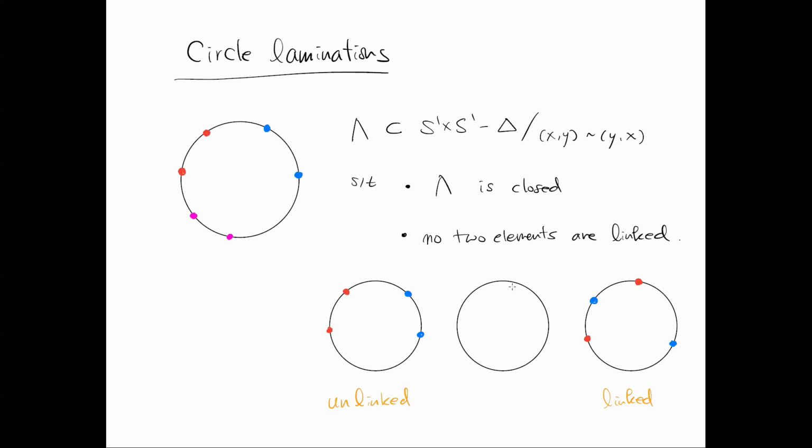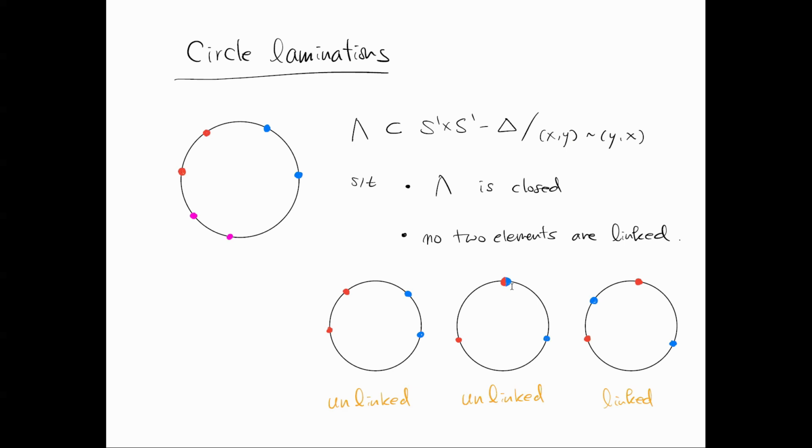If you can draw chords which are disjoint, we call it unlinked. One more case to consider is that these two pairs share one point. In this case, still unlinked. If you draw two chords, they intersect on the boundary, but not in the interior of the disk. So if you collect only pairs of points which are unlinked and form a closed subset in the space of all unordered pairs of points of the circle, we call it a circle lamination.